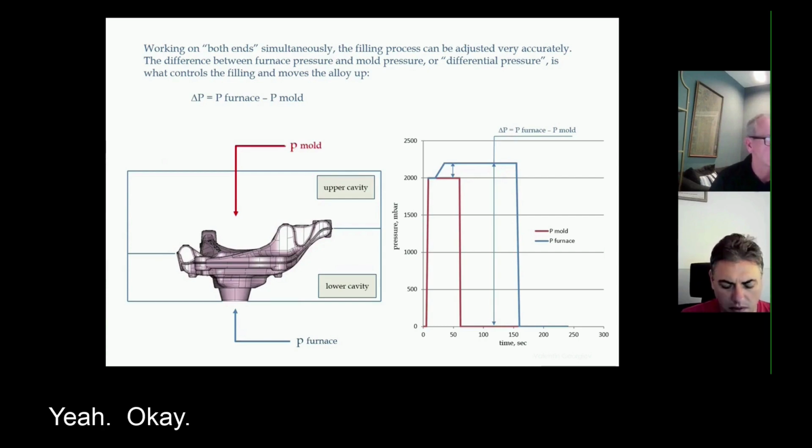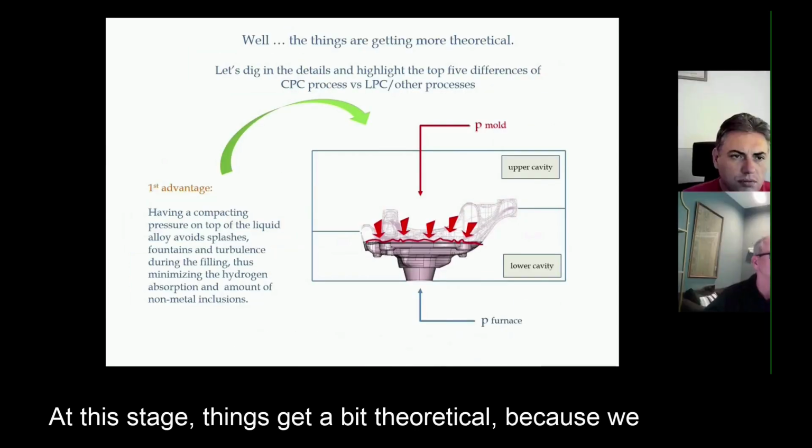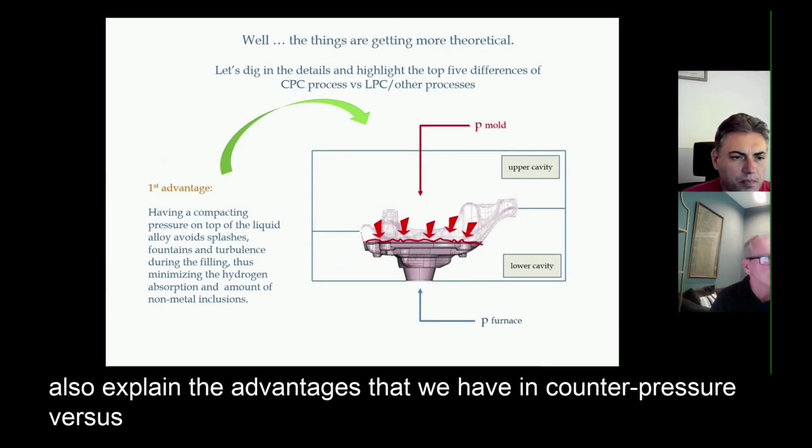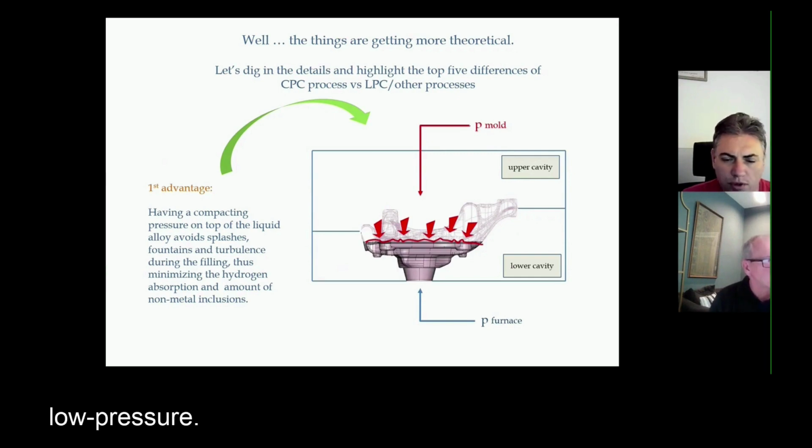Yeah. Okay. At this stage, things get quite a bit theoretical because we have many specifics in this process, which I would like to explain, and also to explain the advantages that we have in counter pressure versus low pressure.